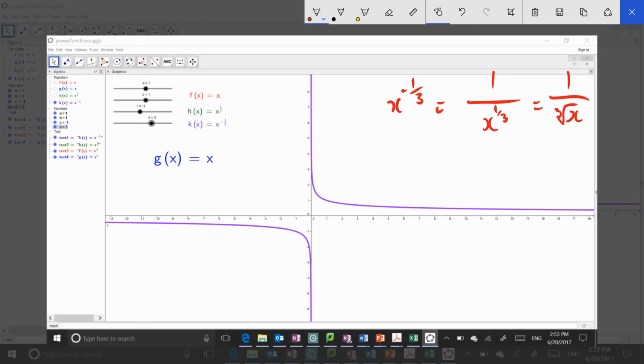You always have a horizontal asymptote and a vertical asymptote because the denominator can't be 0. So that's why it looks like this. 2, cube root. Can you cube root negatives? Yes, you can. That's why you have the negative section. Can you have a positive? Yes, you can. That's why it carries the same thing. The only difference is when you cube root the value, it gets smaller versus a 1 on x function.